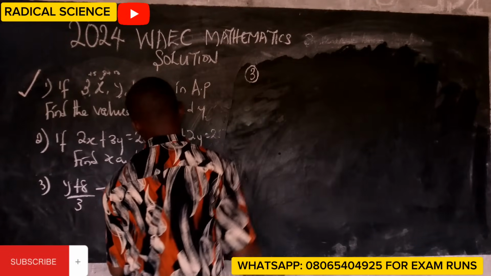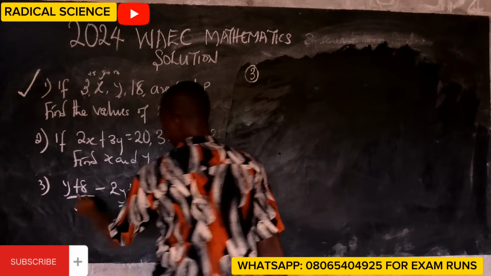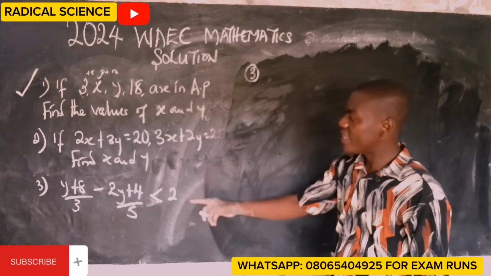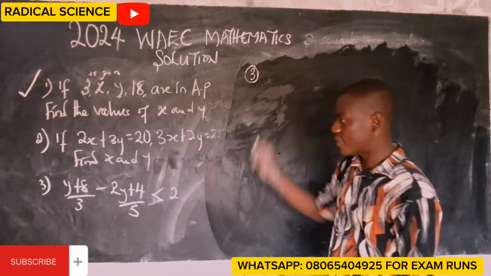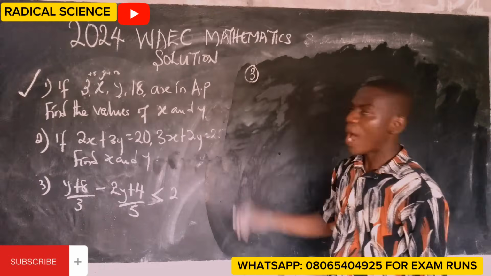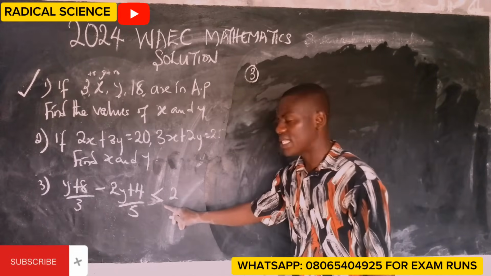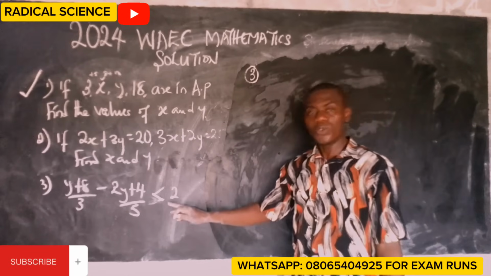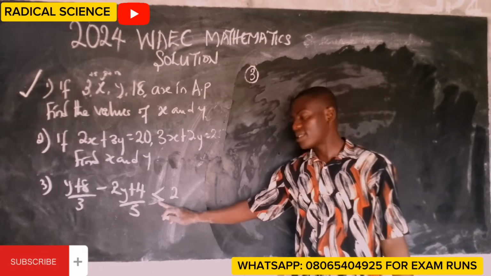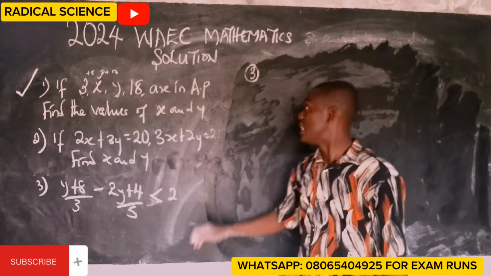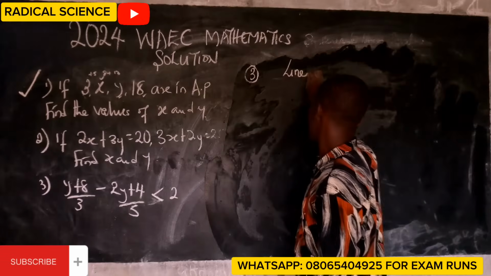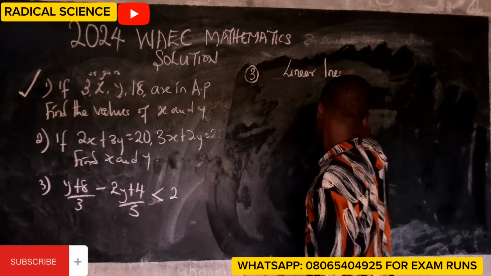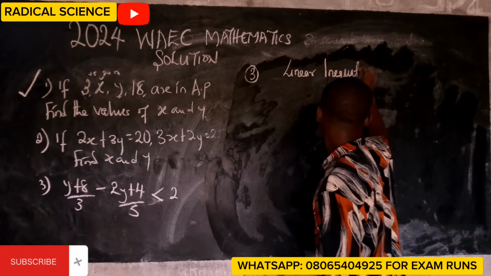The third question is (y plus 8) over 3 minus (2y plus 4) over 5 is less than 2. If you are a good mathematics student, you know that this is linear inequality.